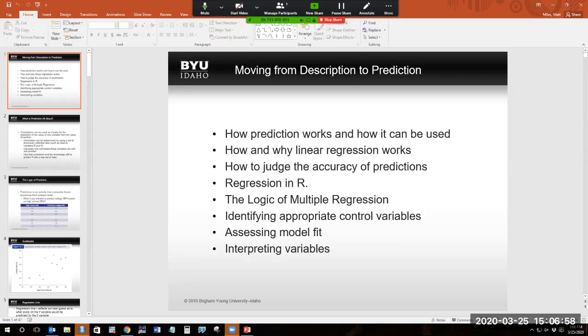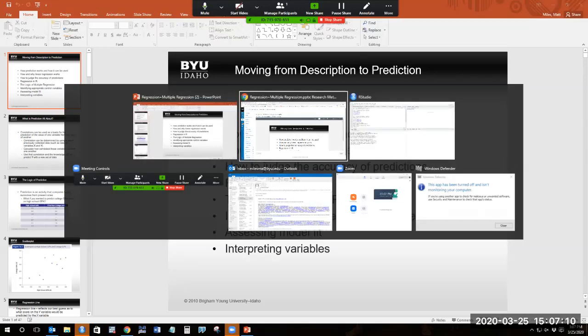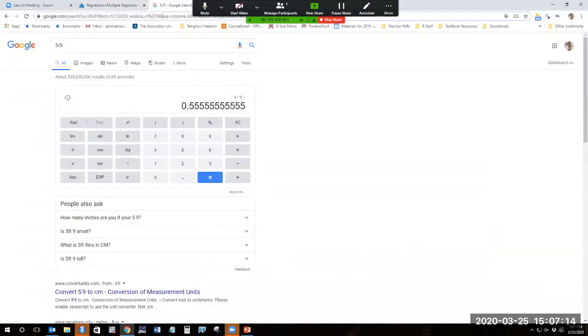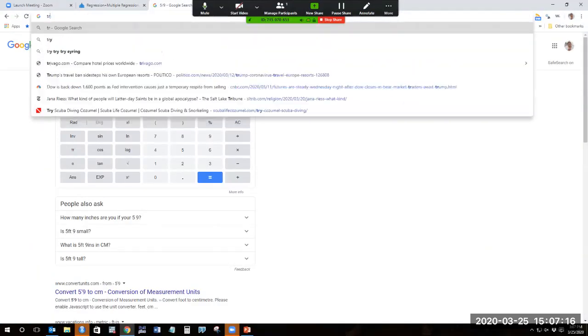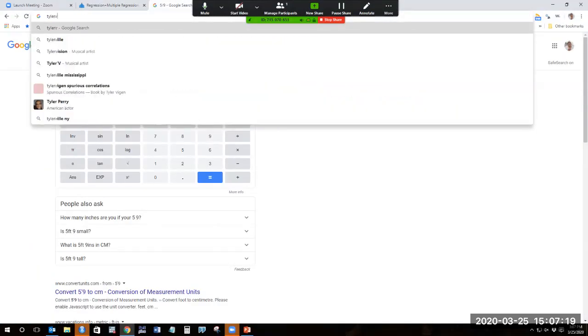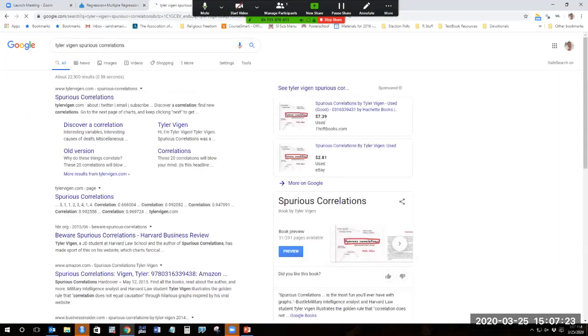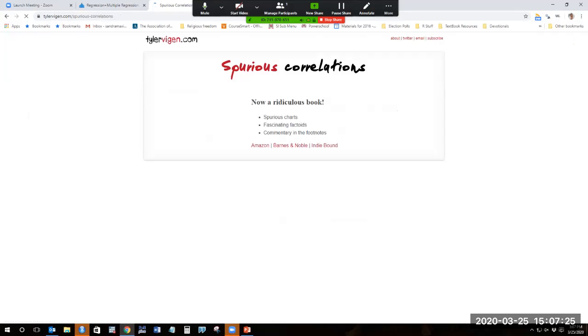Okay, so what we're doing today is we're moving from description to prediction in terms of a relationship between two numeric variables. There's this fun website I can show you, just because I like to show people fun websites sometimes. It's called Tyler Vegan. He just has this list of spurious correlations on his website.